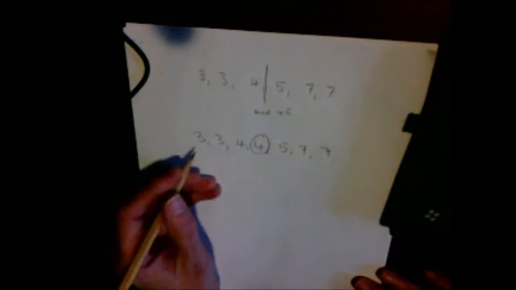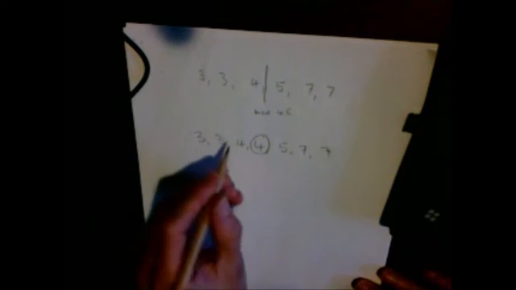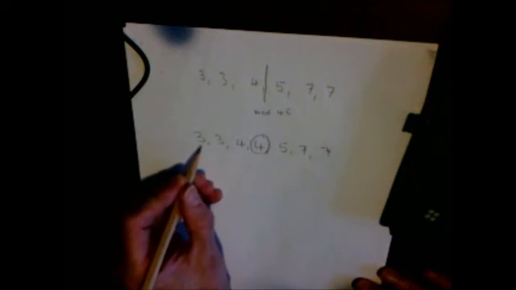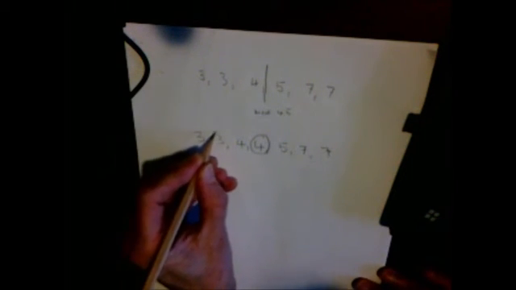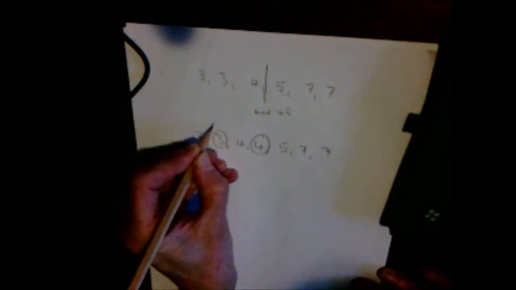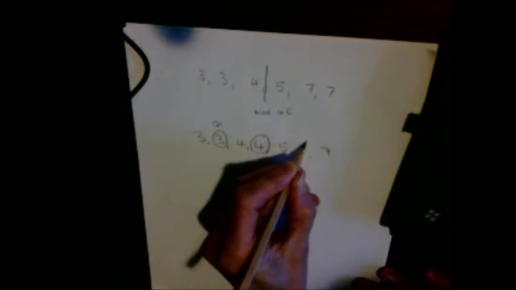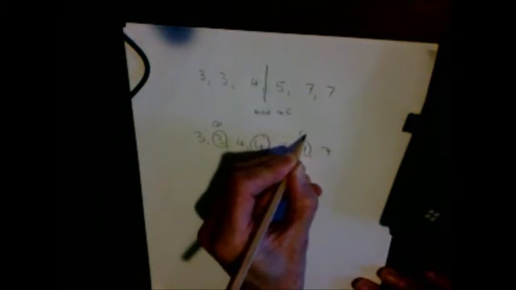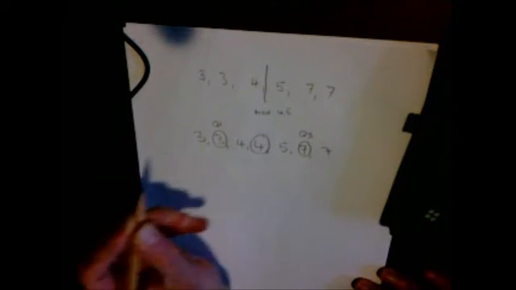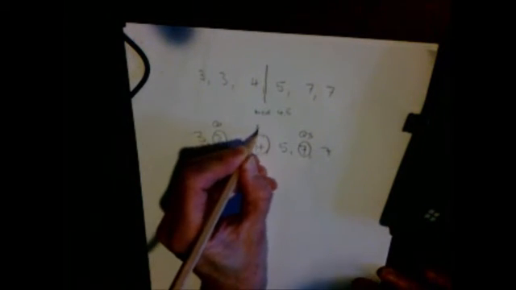Okay, then the lower quartile is the middle of the bottom, so the bottom half of the data is 3, 3, 4. So here's quartile 1, here's quartile 3, the middle of the top 3 pieces, and this is the median.